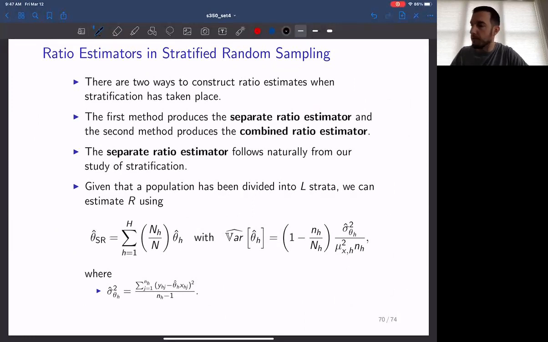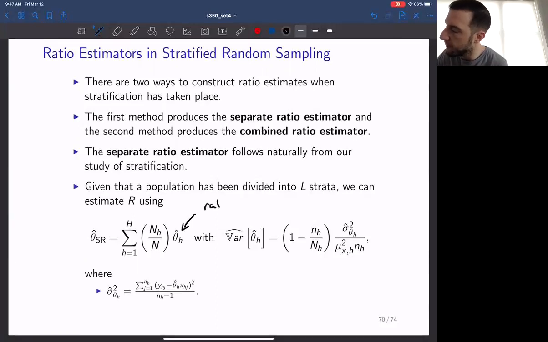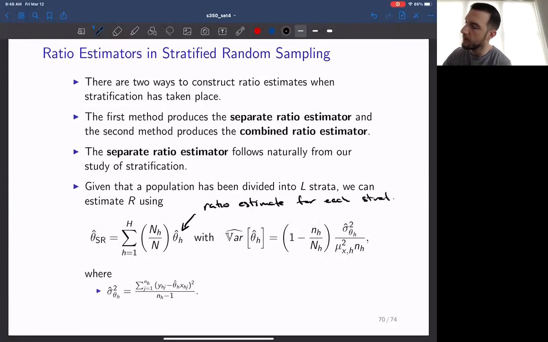So here on slide 70, we have theta hat SR. This is the estimate of the population ratio based off of separate ratio estimation. You can see here that this is simply a ratio estimate for each strata, and then we're just weighting that estimate based off the strata weight.